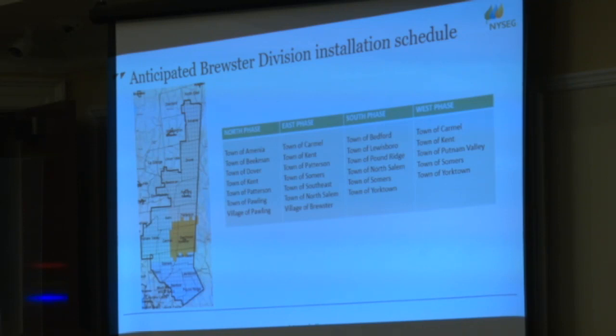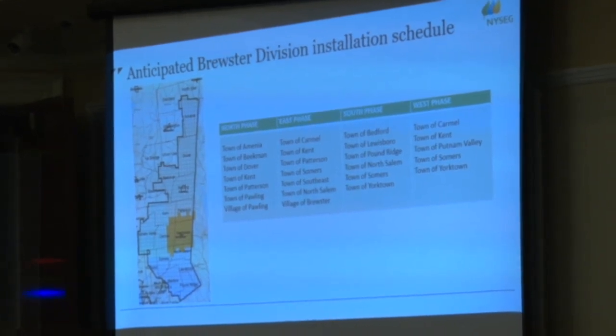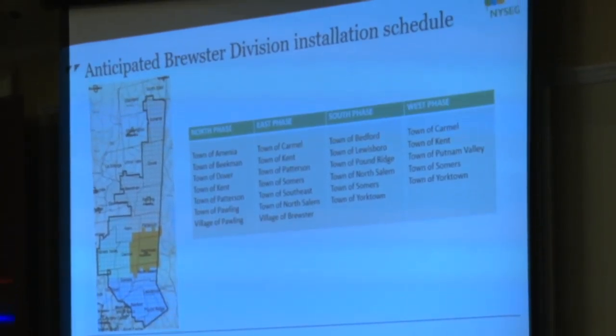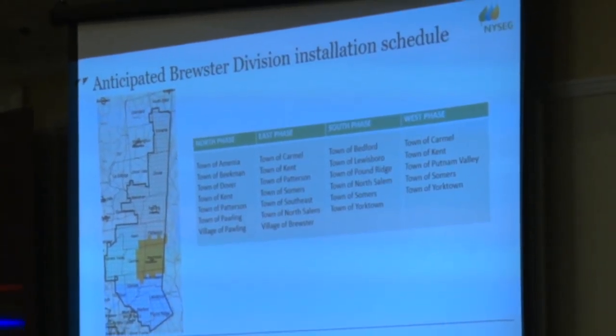We're going to do this in 4 phases: the north phase, then the east phase, the south phase, and the west phase. Southeast will fall under the east phase, for both gas and electric, because I know quite a few customers have gas here in Southeast.